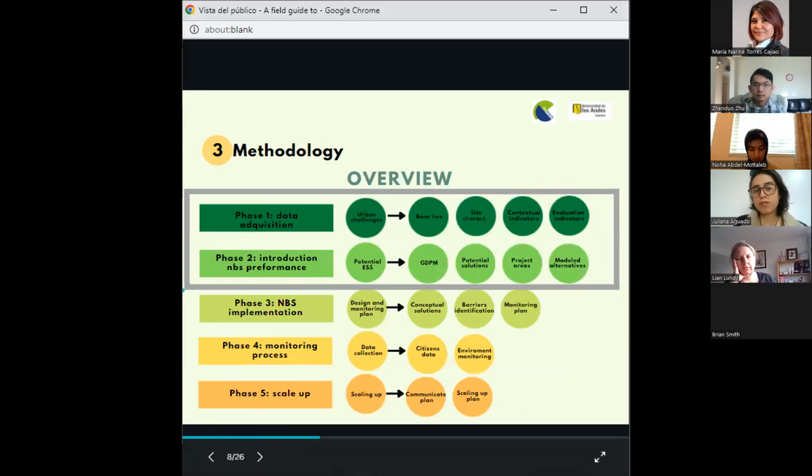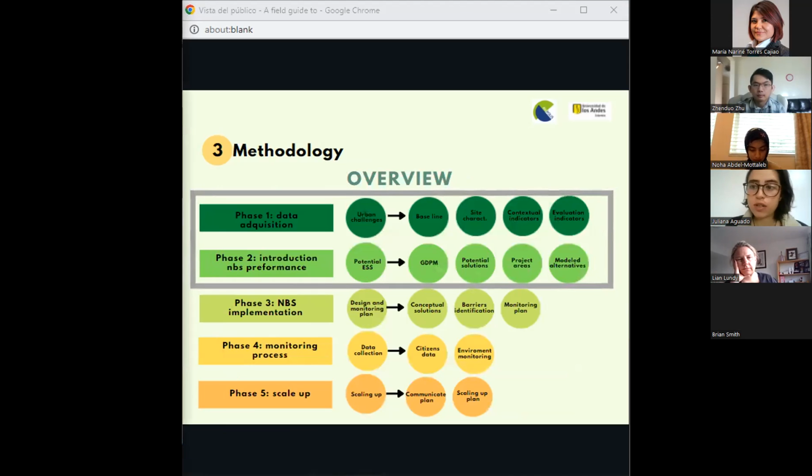So the methodology of the EUPOLIS project is based on 5 phases. In the first one, the goal is to identify the baseline status of the case study and also the urban challenges according to the stakeholders' needs. In the second phase, there is an analysis of the specific ecosystem services generation, and it's done by the development of the goal-driven planning matrix.